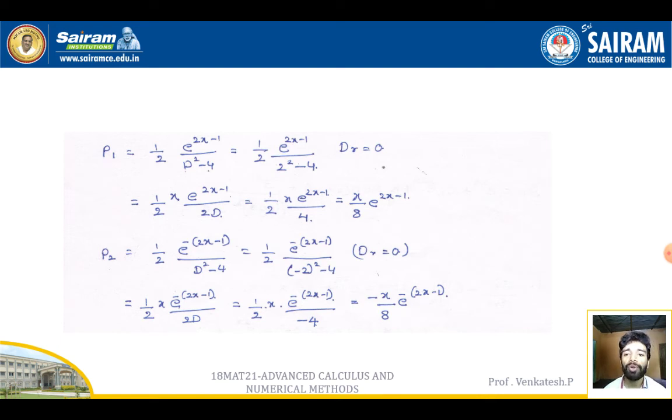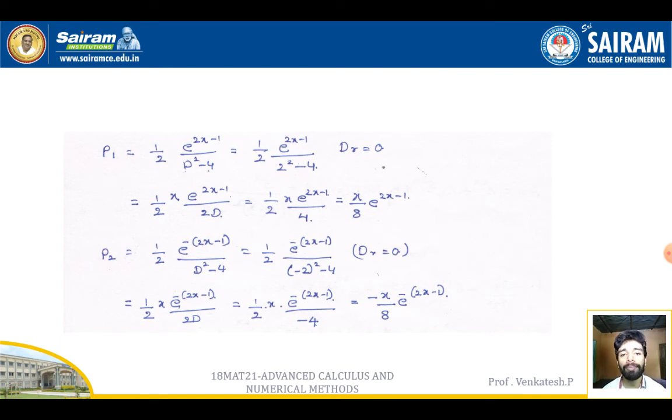Similarly p2 also: 1 by 2 e power minus 2x minus 1 divided by D square minus 4. If I replace D square by minus 2 square, the denominator will become 0, because D square will become plus 4 only. So 4 minus 4 will become 0.